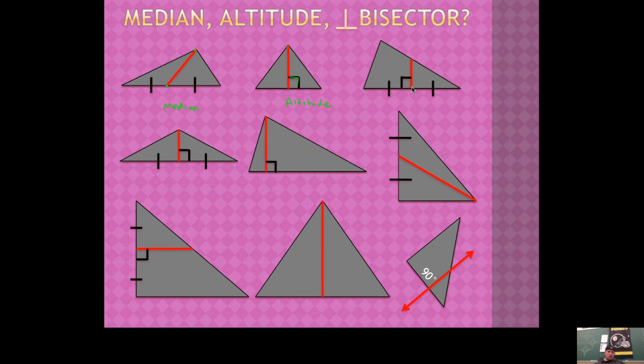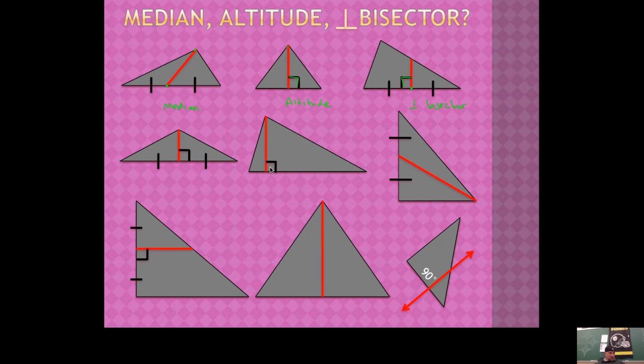This segment touches a midpoint and has a right angle. That's what a perpendicular bisector looks like. So these first three examples were great examples of what each of these are, and it's only that thing.